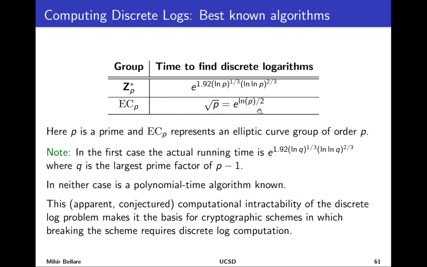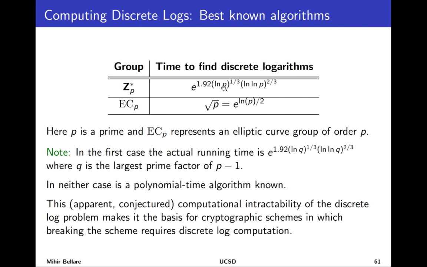From the crypto point of view, that's better. We can get somehow more security here than here, at least for a given size of group. Now there are various caveats associated with these running times. One of them is that in the first case, this is only true for primes which have some appropriate structure.